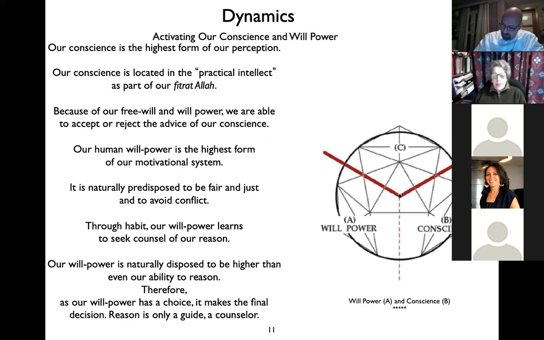Or if people tell us something about ourselves that, if we responded to it, would cause a conflict, we naturally try to avoid anything that will cause conflict. It's not a conflict within ourselves; it's a conflict with something outside of ourselves. We try to avoid that because that's how our free will has been programmed.